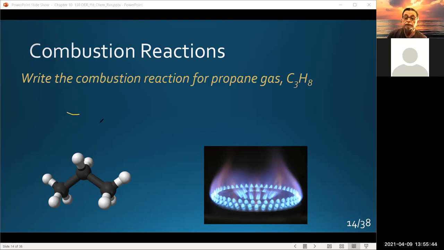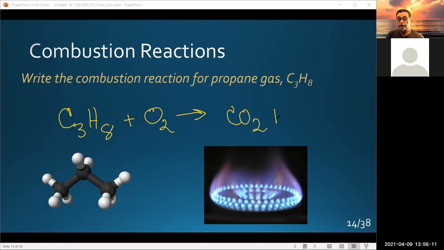So here it is: C3H8, that is propane, which is a gas, plus oxygen, because we are burning this thing up. It's undergoing combustion, and reacts to give us, remember, the only two products for a combustion reaction of hydrocarbons: carbon dioxide and water. That's the reaction.